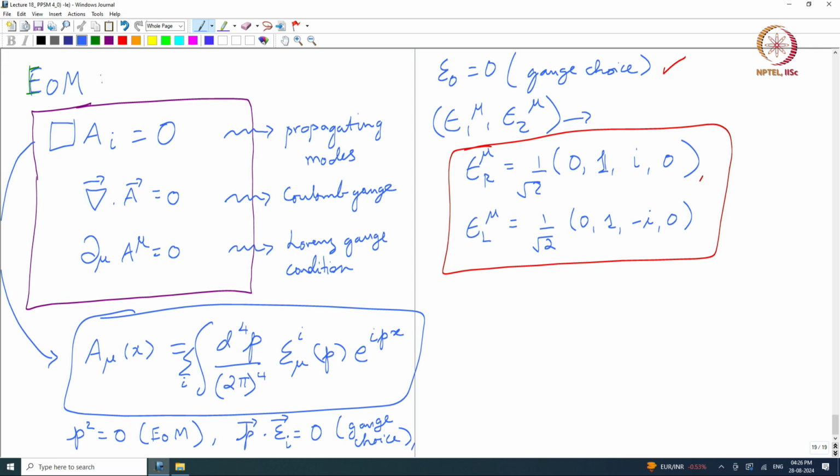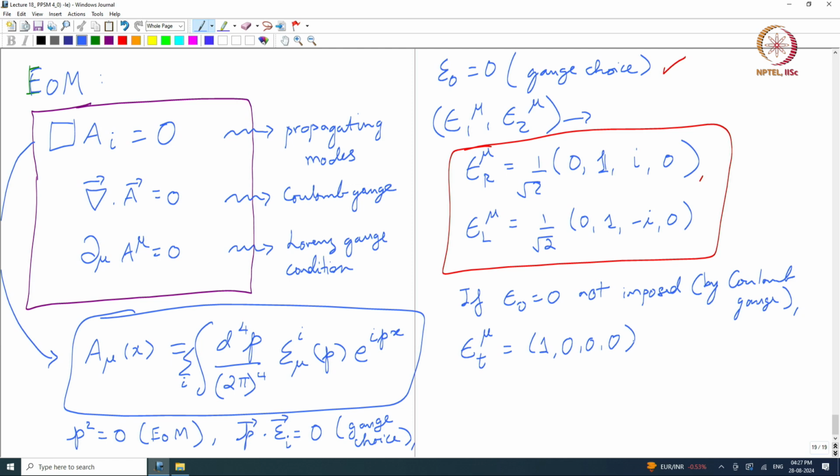So if this condition is not imposed by the Coulomb gauge, I can consider a polarization vector like this, right, generically.